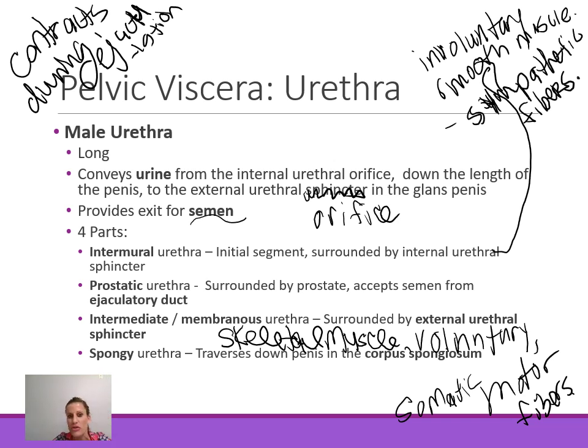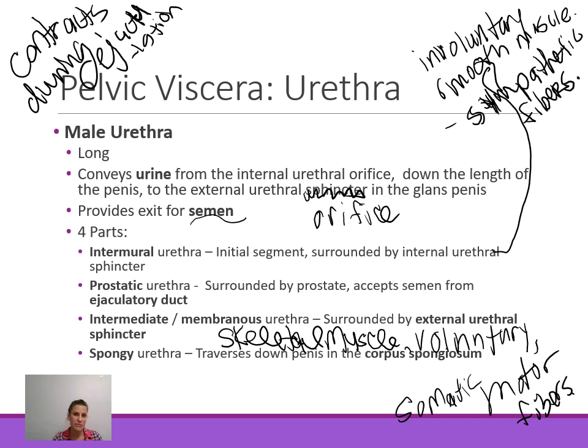This is the major muscle that maintains continence, or our ability to control the release of urine from the body. Stimulation of both sphincters has to be inhibited in order for urination to occur. So both sphincters have to be relaxed in order for urine to exit the body.